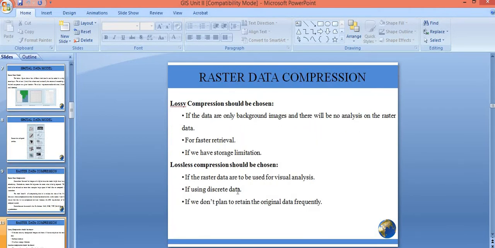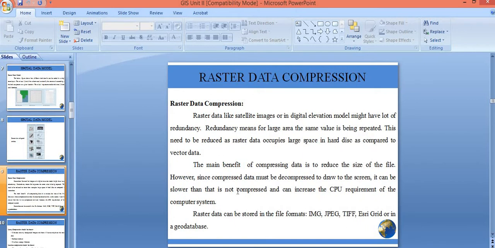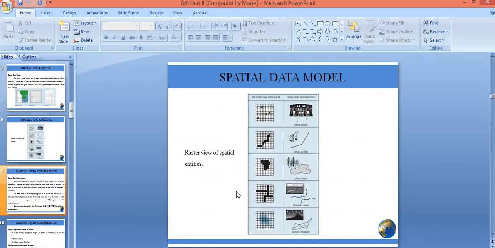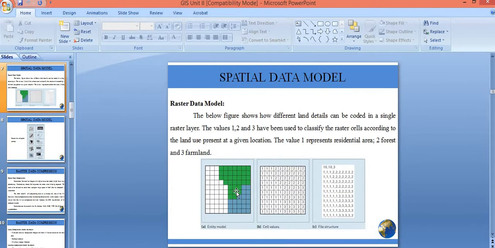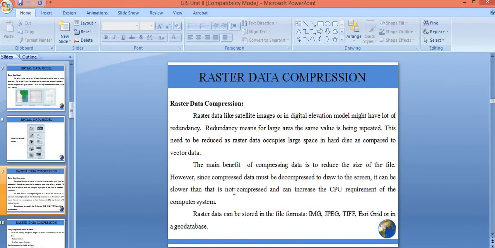Okay, fine. Now probably you can recall this information. Since we are storing the spatial data in the raster data model by using a set of grids, the memory consumption will be more. The memory consumption of your raster data model will be more. That's the reason why we need compression. Because when you store spatial data, just assume that you are storing only one piece of information, the location of a particular city.